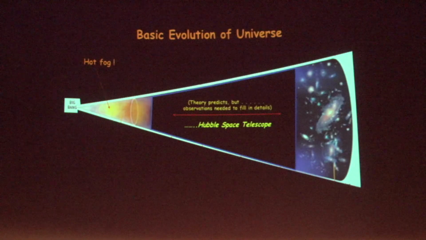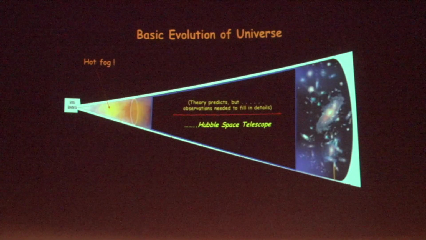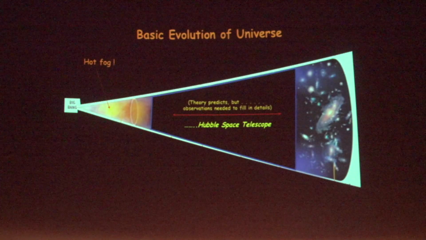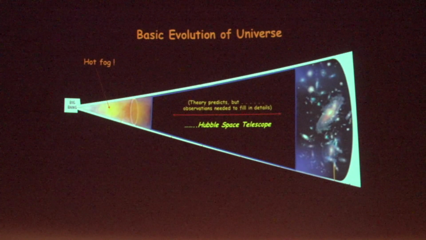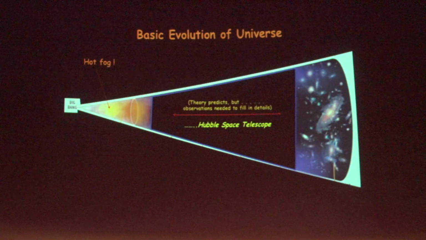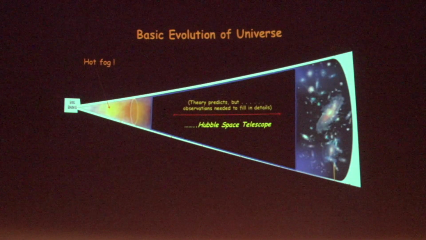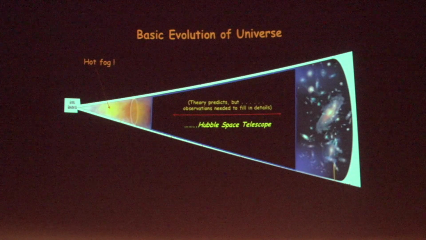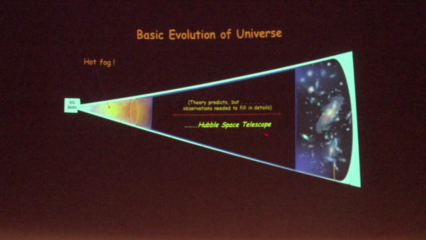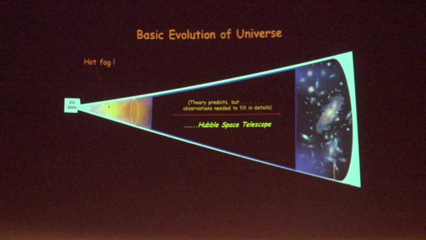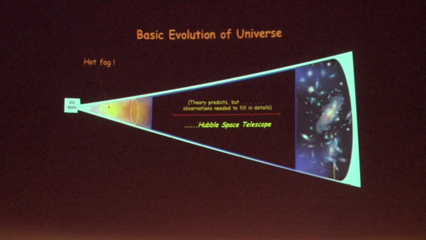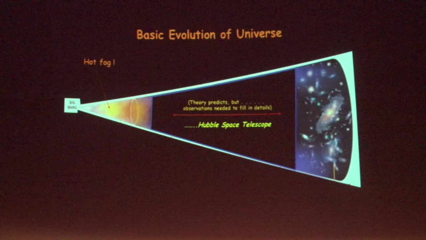There are the people who are interested in theory who said, okay, let's take that situation, apply the laws of thermodynamics and gravity to it, and see what we get. And then those of us who were observers took the opposite, but supporting point of view. Let's actually use Hubble Space Telescope to look back in time to see exactly what the universe looks like when we look way out and can see back toward the Big Bang.